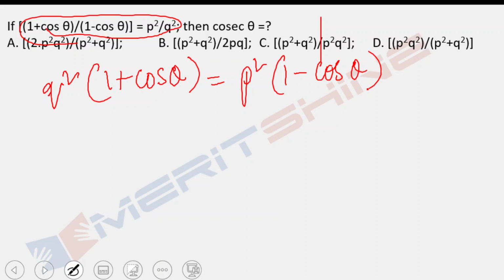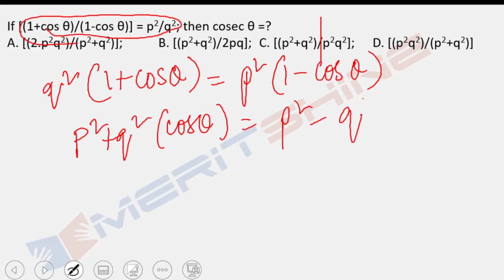Now, how would we approach this? Simple. You bring the cos terms together and the P and Q terms together. So what will you get? You will get P square plus Q square cos theta is equal to P square minus Q square.